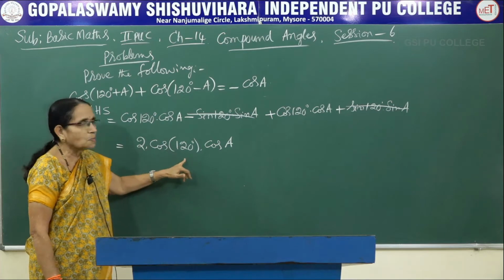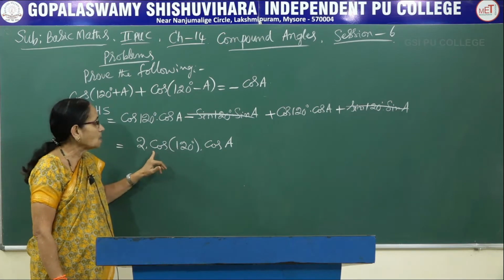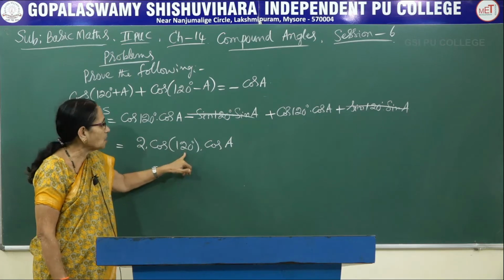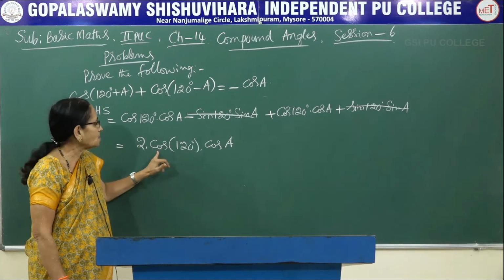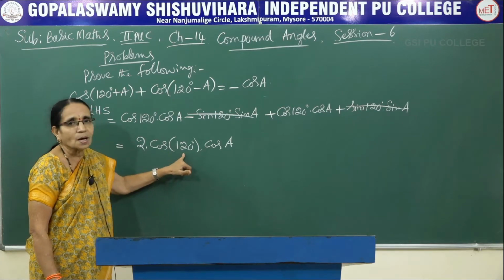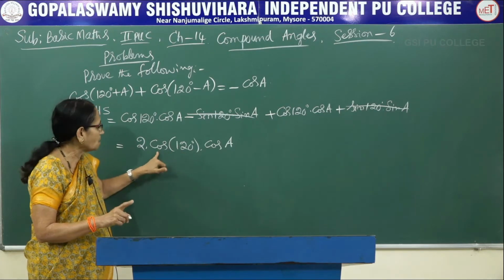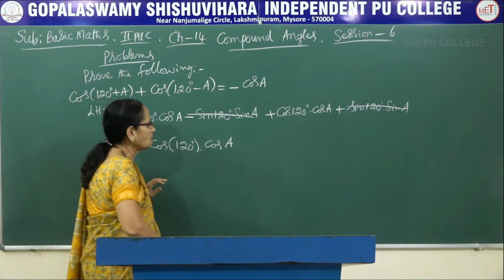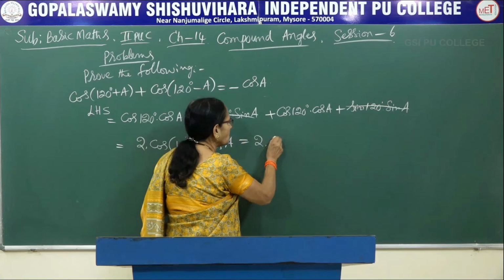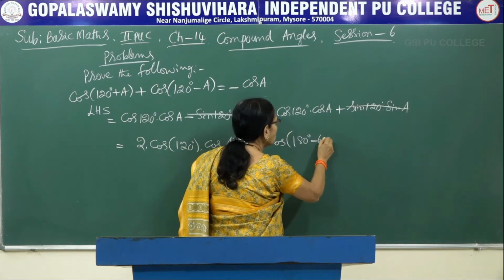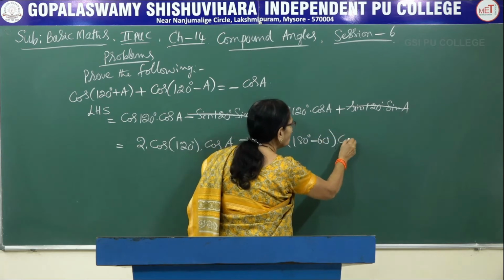If you write 90 plus 30, cos would be changed over to sin, its co-function. Suppose you write 180 minus something, then the same trigonometric function remains. But here 120 being in the second quadrant, the cos ratio will be negative. So, let me write this as 2 times cos of 180 minus 60 into cos A.